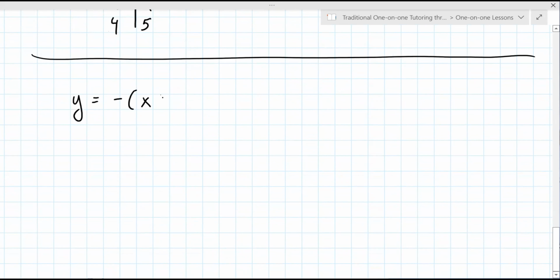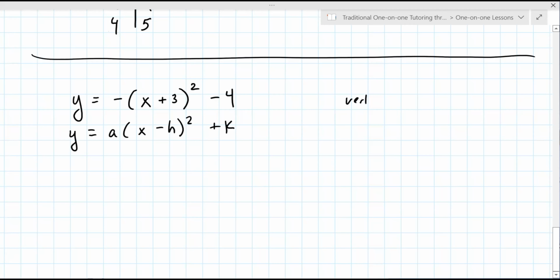Let's go x plus 3 squared minus 4. Okay. And sometimes it's good to actually write the standard form right underneath it. I'm not big on memorizing a bunch of formulas, but you kind of need it for this class. It really does help.